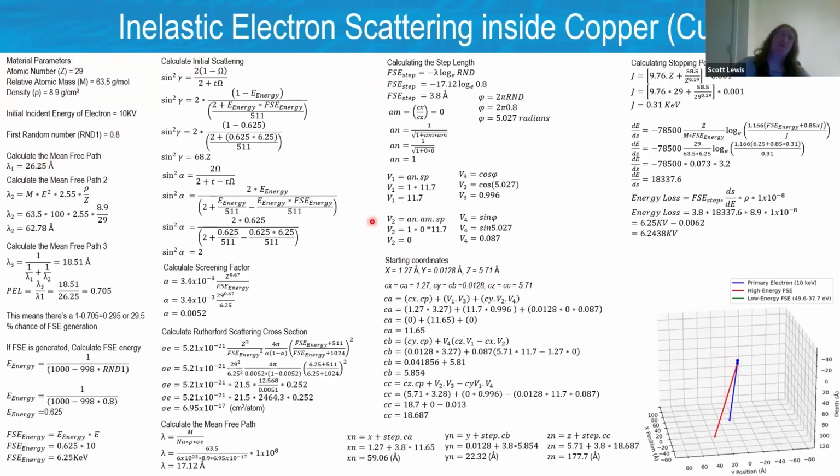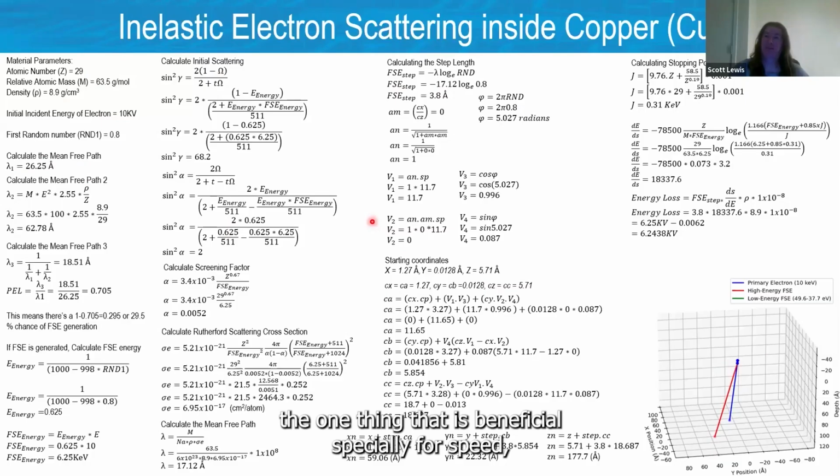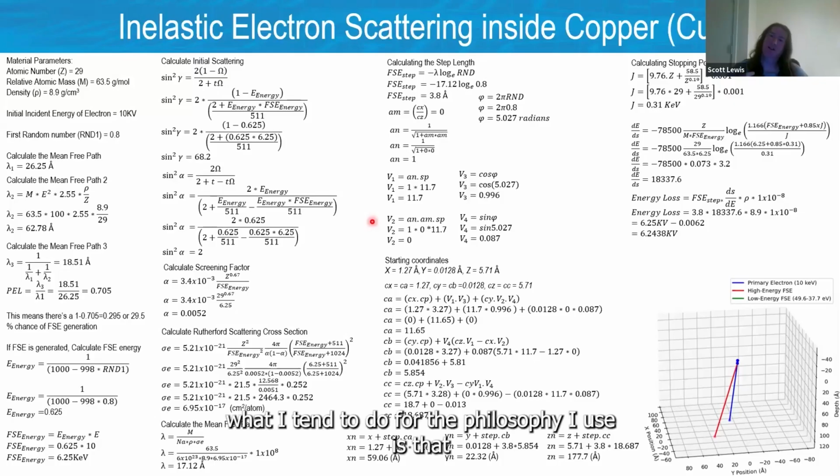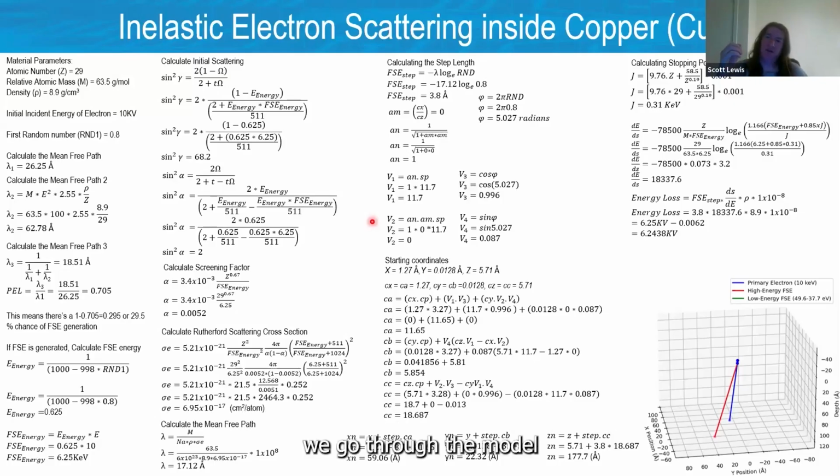The one thing that is beneficial, especially for speed when you're computing these things, is the philosophy I use: we go through the model and generate all our elastic scatters, so we follow all the trajectories. But when we cause a secondary electron, I save that somewhere else in memory.